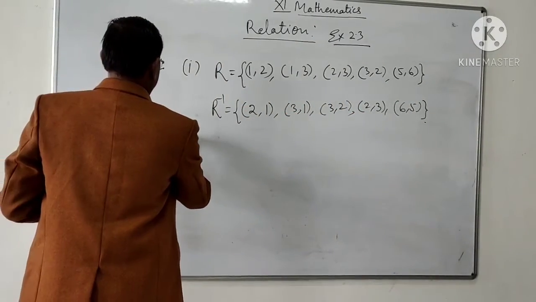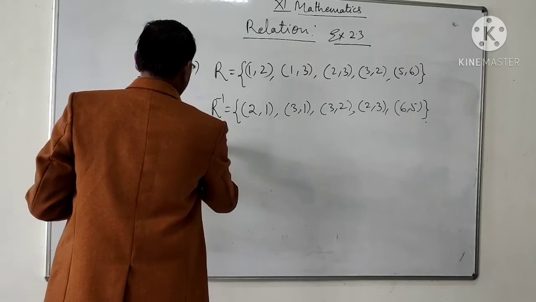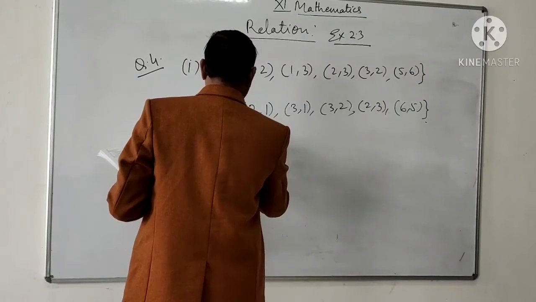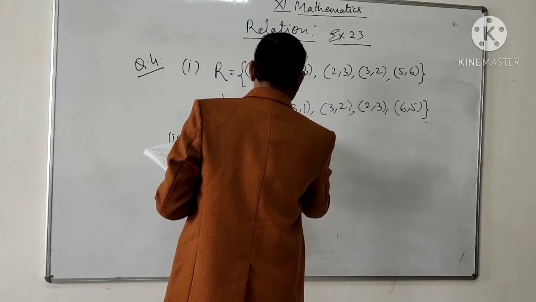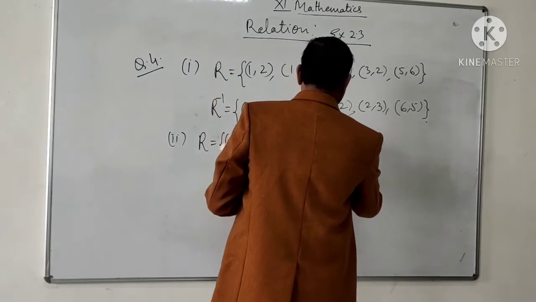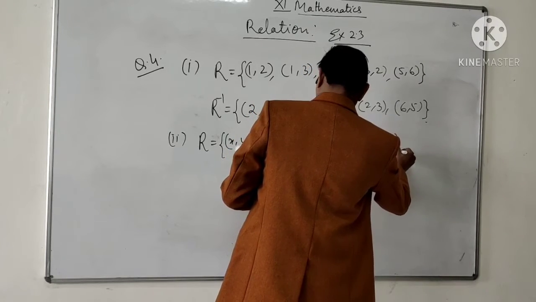And the second part, here R equal to x comma y such that x and y belong to N and x plus 2y equal to 8.